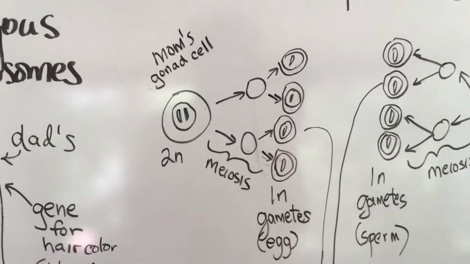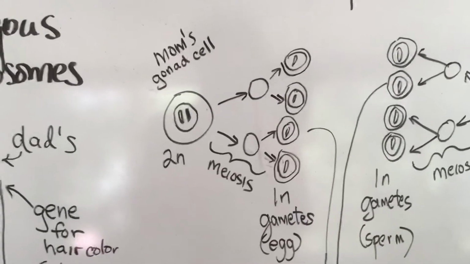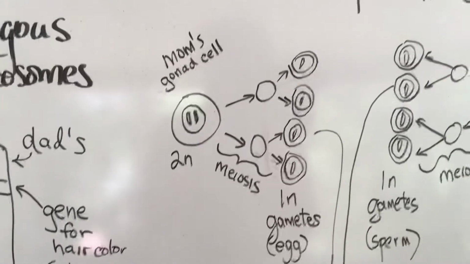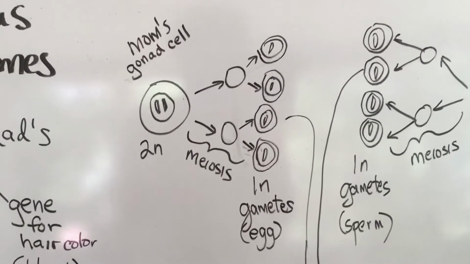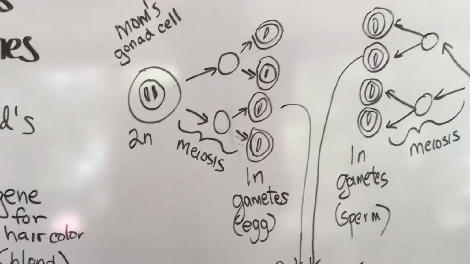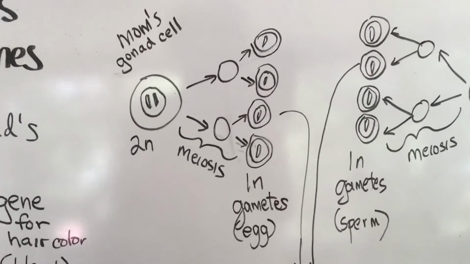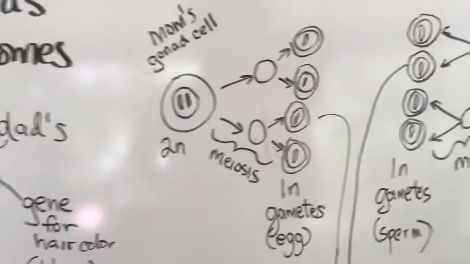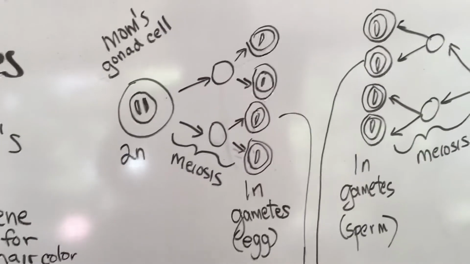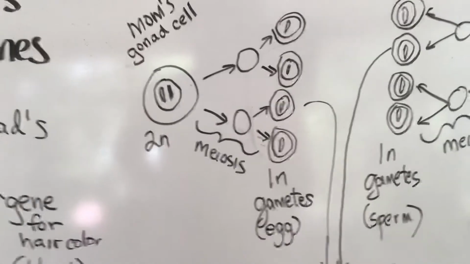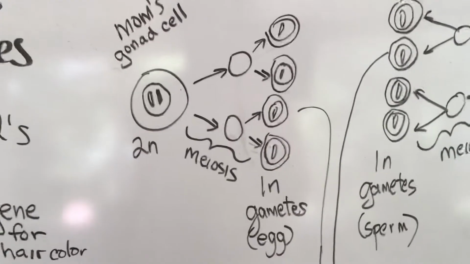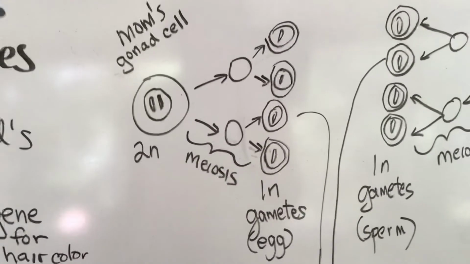Mom's gonads, that is, the ovaries, would have a cell that is going to undergo the process of meiosis and produce what we call gametes. The initial gonad cell will have the complement from her mother and father, that is, homologous pairs of chromosomes. So in humans, there would be 23 sets of these chromosomes.